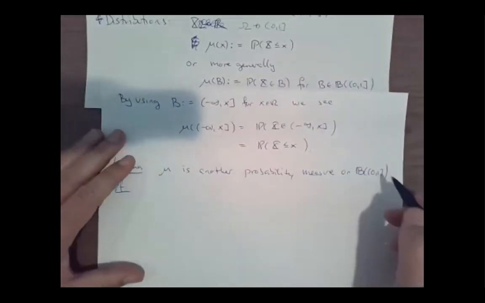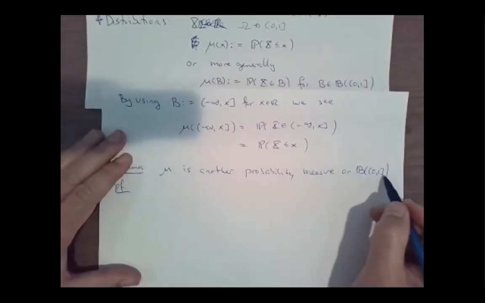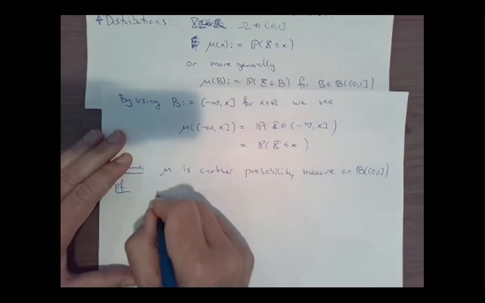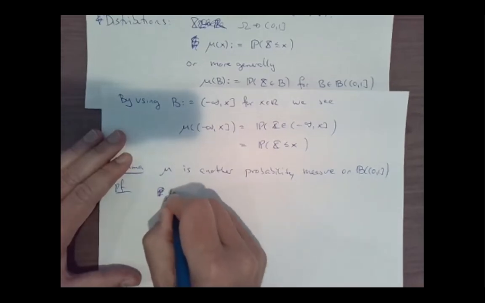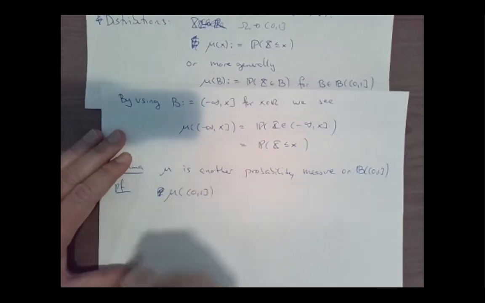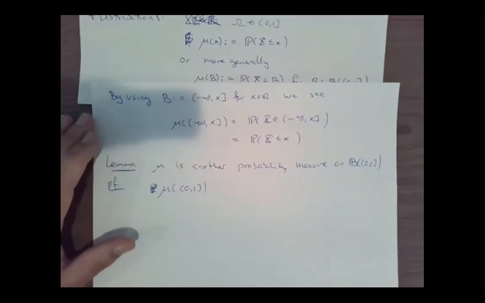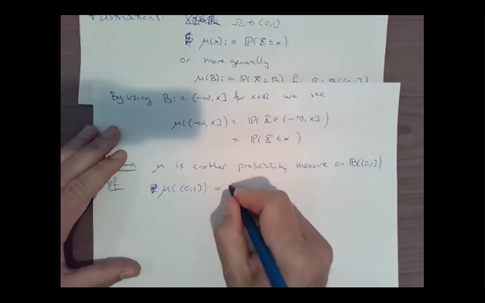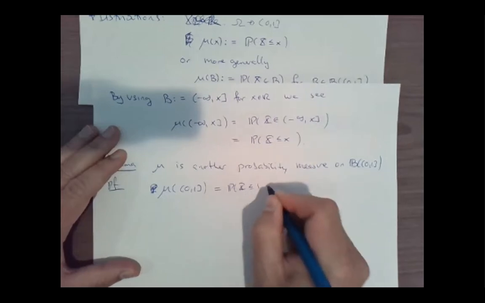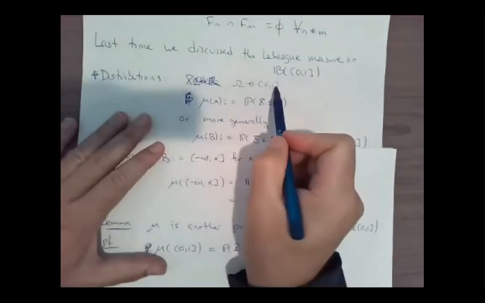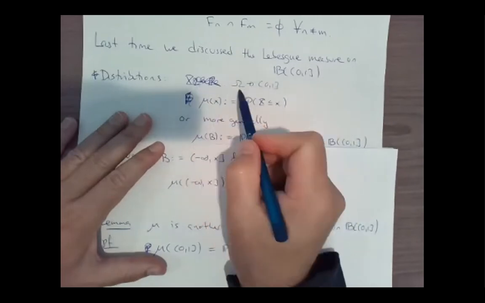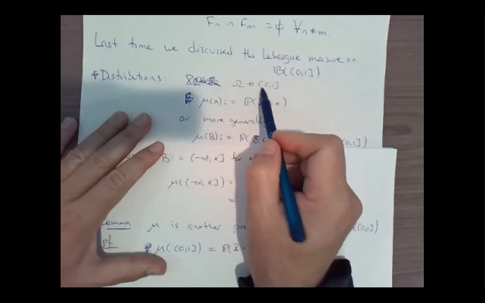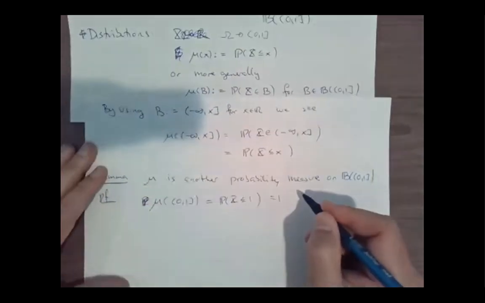Okay, so in this case, my omega is 0 to 1, so I need mu of that interval 0 to 1. I need to check that this is equal to 1. But I just used the definition. This is the probability that the random variable is less than 1, and that was given, right? Because X has domain omega, it takes values between 0 and 1, so this here is 1.